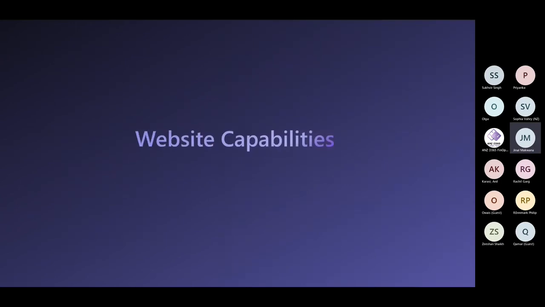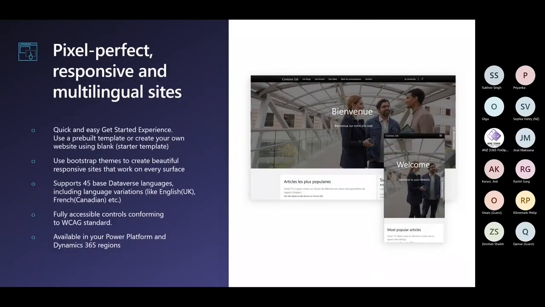Sorry, for the last few slides I will spend time showing the overall capability of Power Pages and how you can build the website. With Power Pages, you can build your website picture perfect, responsive, and with multilingual sites.